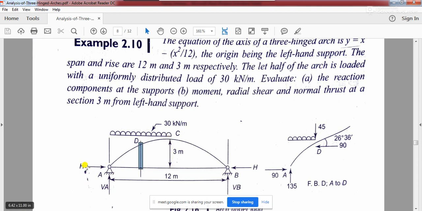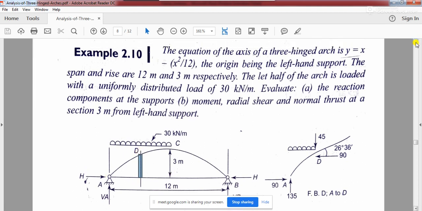But when you are taking moment about this point D, which is at a distance 3 meter from the left hand support, you don't know what is the vertical distance, or in this case the lever arm of this force H, which is creating moment about D. So how do you find out the distance from here to here, or the height from the horizontal force to this point D?